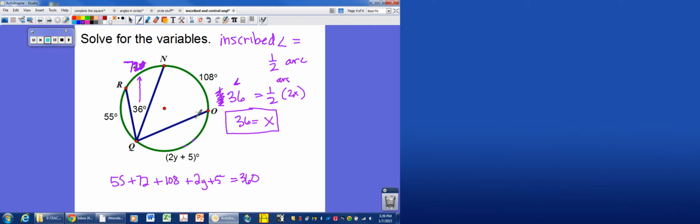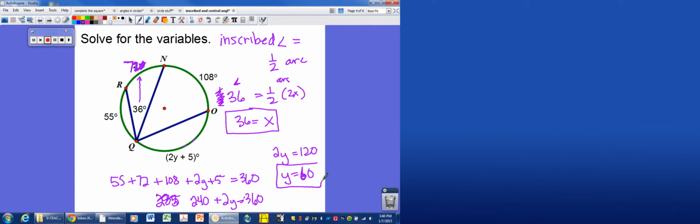Okay, so solving for each of these variables, the x was pretty easy, and the y will be also. So let's see how many this is. That's 180, 235, oh, plus this one, 240, plus 2y equals 360. So let's see, 2y equals 120, so it looks like y is 100. Nope, y is 60.